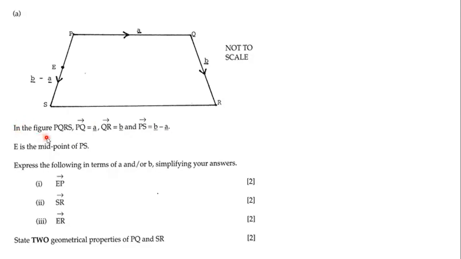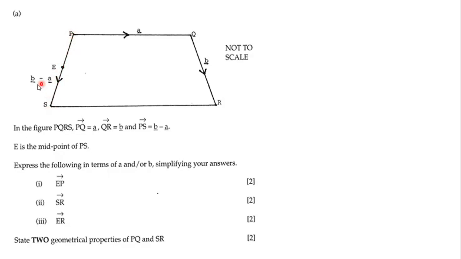Notice the question. It says in the figure, which is a quadrilateral, PQRS, PQ is A bar, and A bar is another way to write a vector. QR is B bar, and PS is B minus A. That's this entire vector heading in this direction.